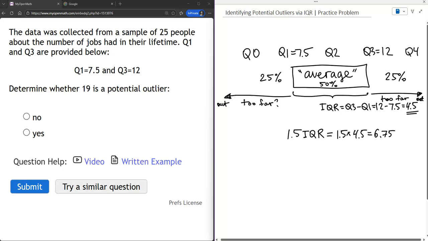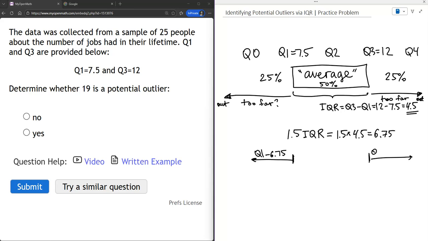So anything that is more than 6.75 units away from the middle class. But middle class is defined by two values, Q1 and Q3. So anything that is below 6.75 from Q1 or above 6.75 from Q3 will be considered too far. So let's compute these values. What is Q1 minus 6.75? Q1 is 7.5.